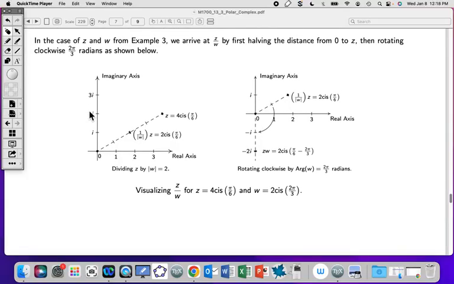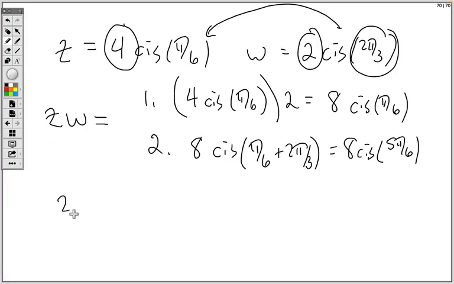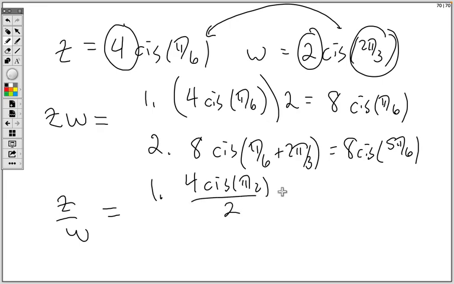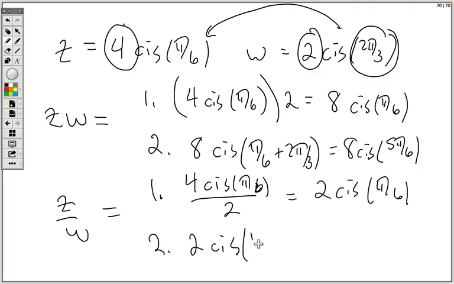Similarly, when we divide, we can think of it the same way. If I wanted to take z divided by w, first I can think of dividing by the modulus of w. So 4 cis pi over 6 divided by 2 gets to 2 cis pi over 6. And then the second step is I'm subtracting the argument.